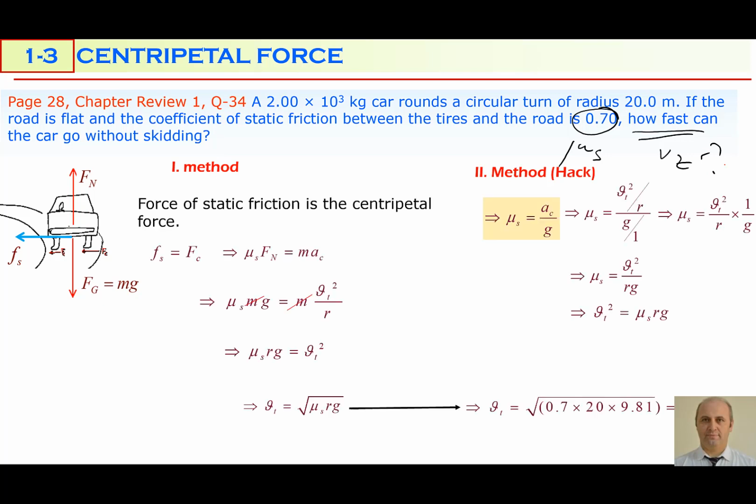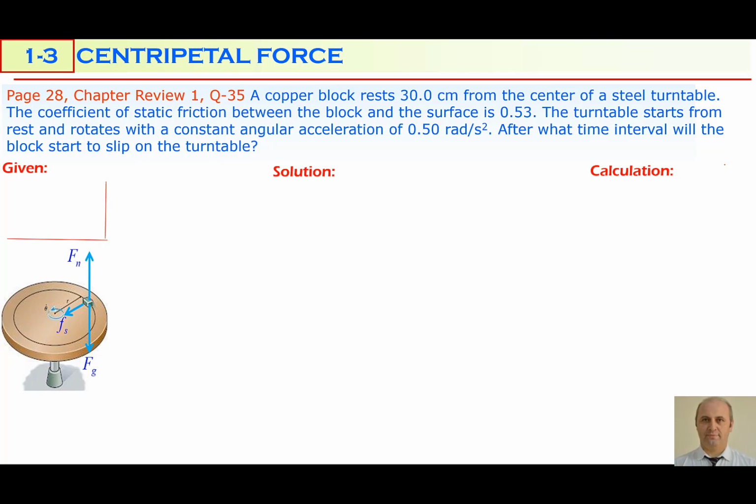We have one more problem. This problem is much harder compared to the other problems in the first two questions. A copper block rests 30 centimeters from the center of a steel turntable. So this table is able to rotate with some angular speed. This is the copper block here, resting at 30 centimeters from the center.